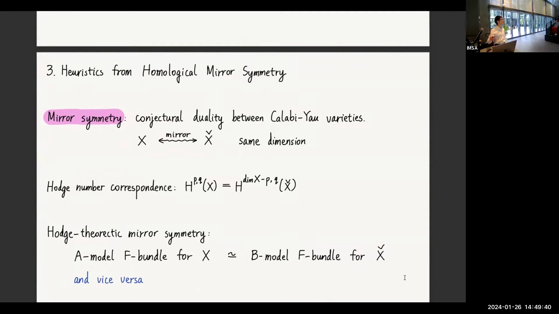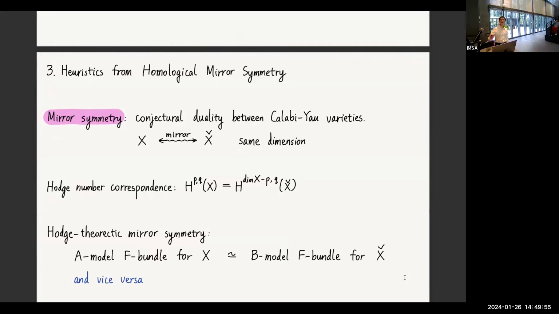So now we can state it very clearly using this notion of F bundle. We can say that the A model F bundle for X is equivalent to the B model F bundle for X check.